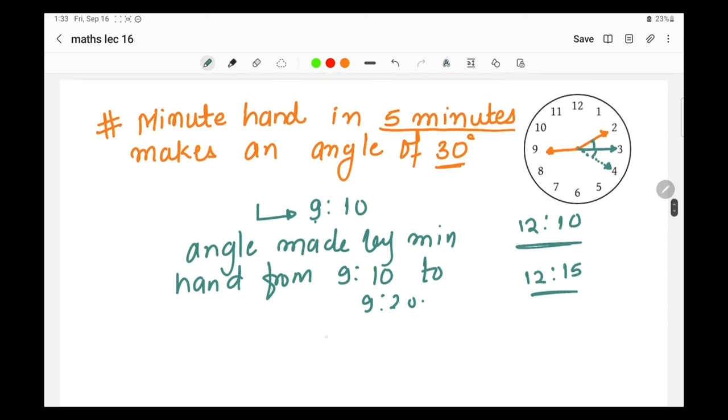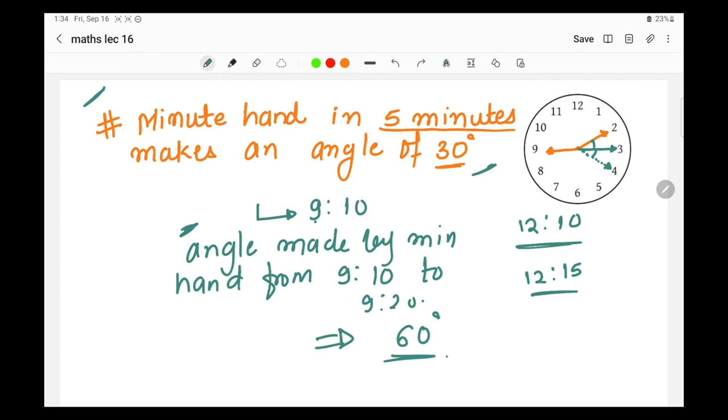So the total angle made by this minute hand will be 60 degrees. This is the fact that we have to keep in mind, and such kind of questions can be asked, which we will discuss in detail in the upcoming time. So the minute hand in 5 minutes makes an angle of 30 degrees. Moving on to the next thing, please do screenshot this.